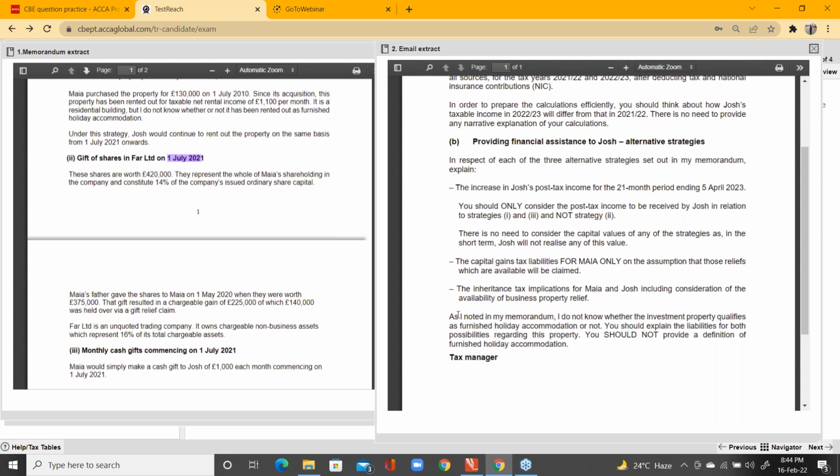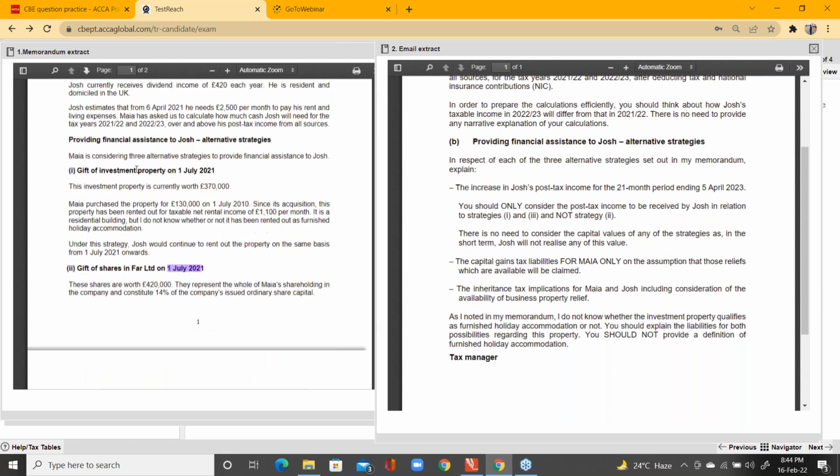For Maya, as I noted in my memorandum, I do not know whether the investment property qualifies as FHL or not. You should explain the liabilities for both possibilities. It means while answering about this investment property, we would be assuming first that this property is FHL, and then that this property is not FHL. So we have to tell the tax implications under both assumptions. You should not provide a definition of the FHL.